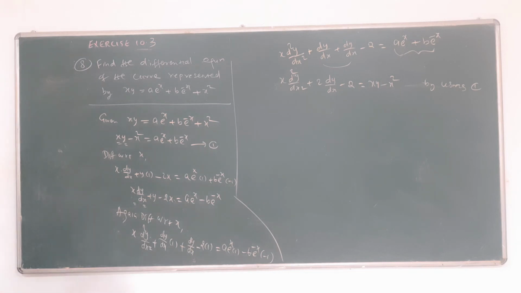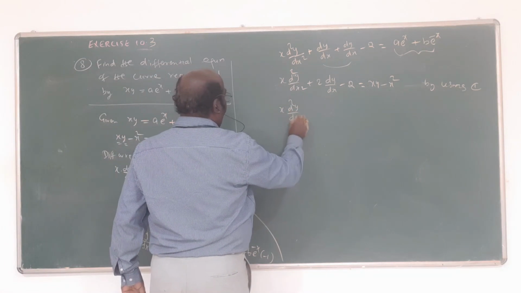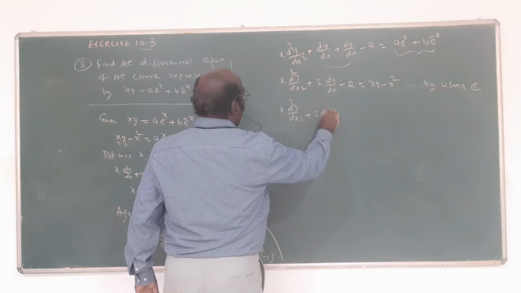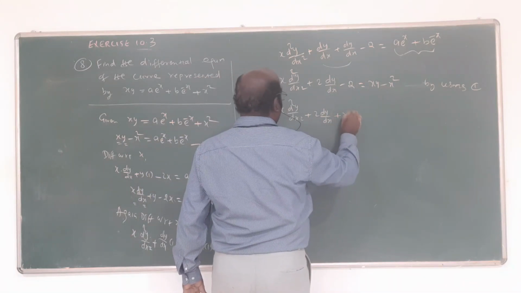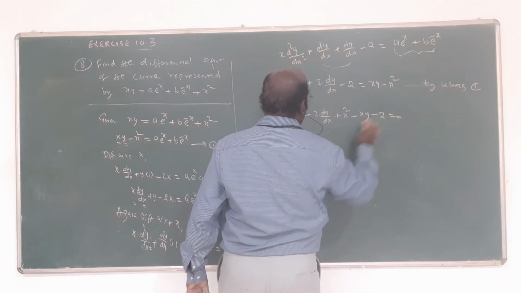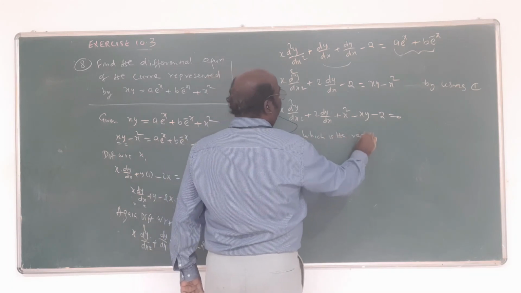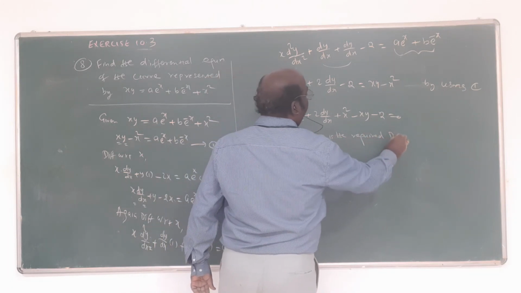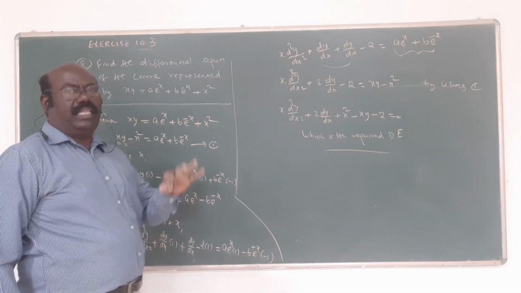Now x d²y/dx² plus 2 dy/dx, and the minus x² comes as plus x², minus xy, minus 2 equals 0, which is the required differential equation.